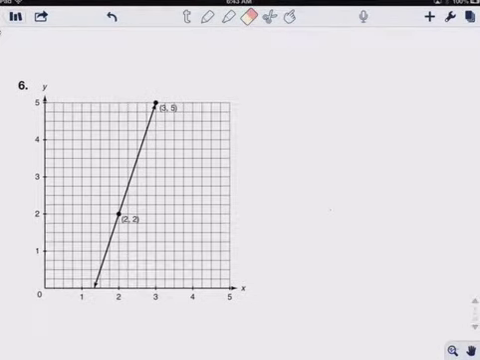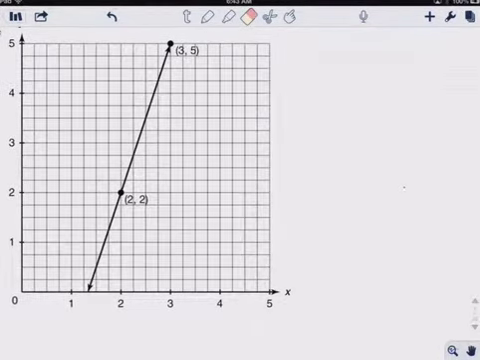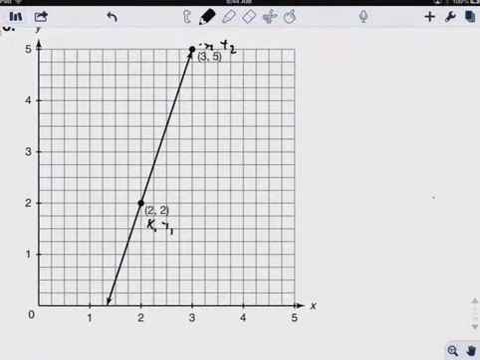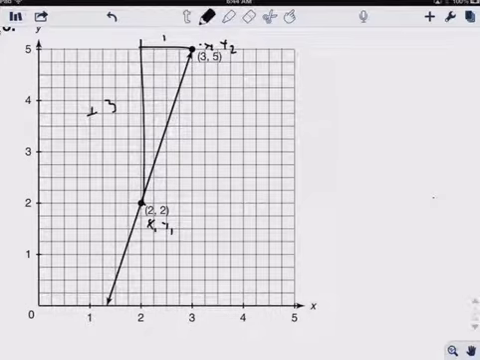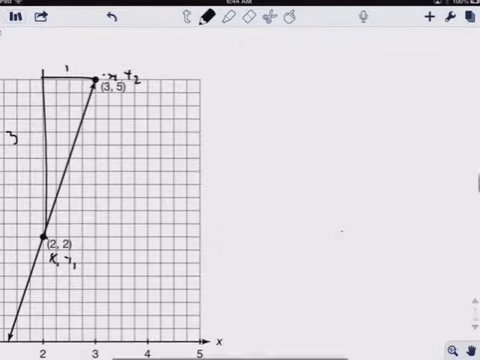Okay, number 6. This is x1, y1, x2, y2. Okay, so my slope is going up 3 over 1. So slope is 3.